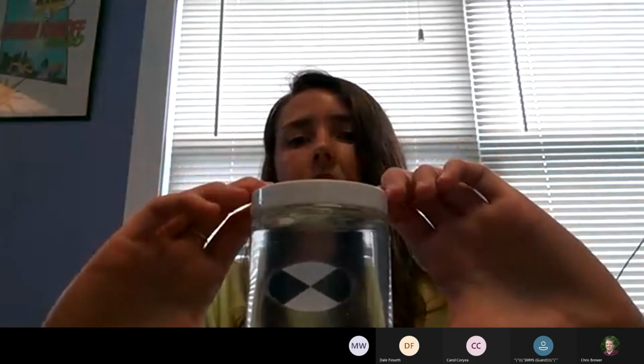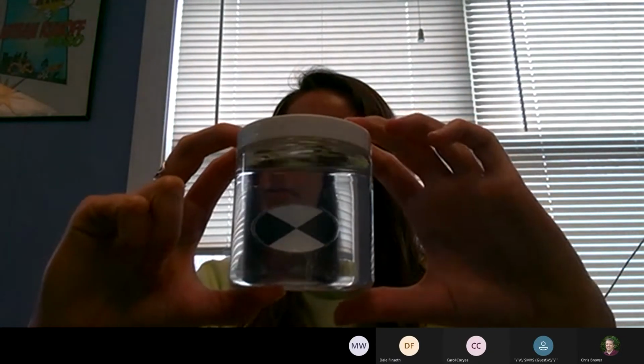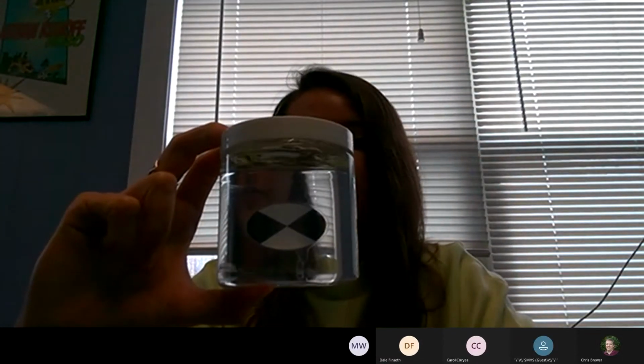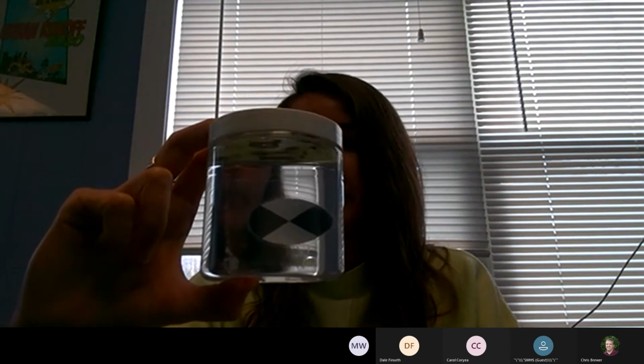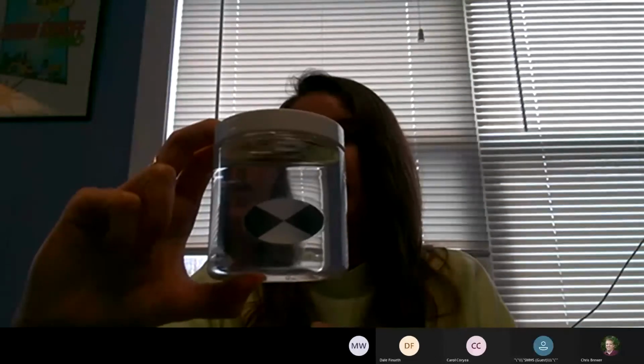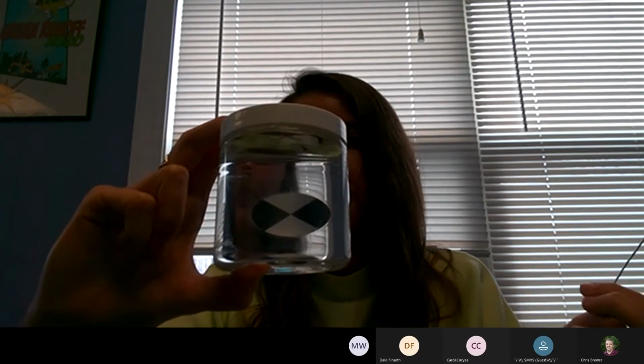And then the last one I have is fertilizer. So you can see that when it gets into the water, just as the chemical itself, you can see pretty much straight through the jar. It's not affecting the quality that you can see, but it is adding a lot of the nutrients, the nitrogen and the phosphorus into the water.